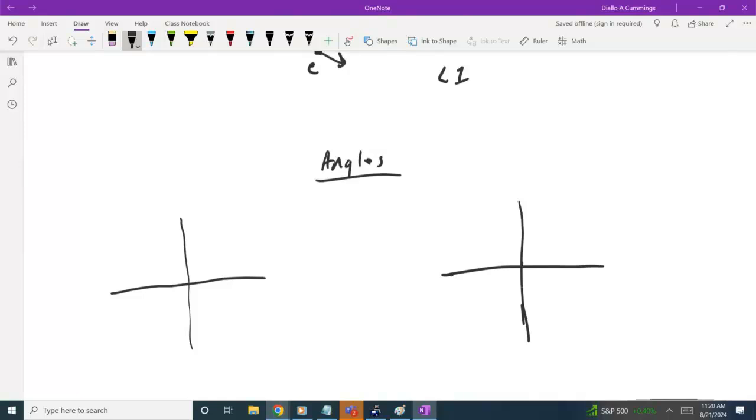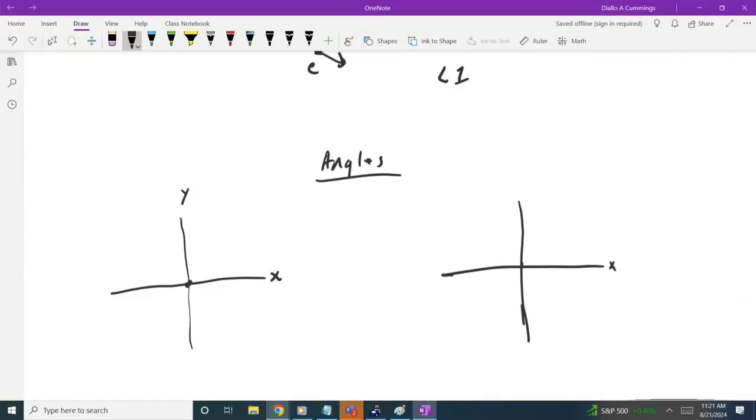rectangular coordinate systems. Just as a review for algebra, in the rectangular coordinate system, you have the horizontal axis, which is the x-axis. You have the vertical axis, which is the y-axis. Where these two axes meet, that's called the origin. Okay.